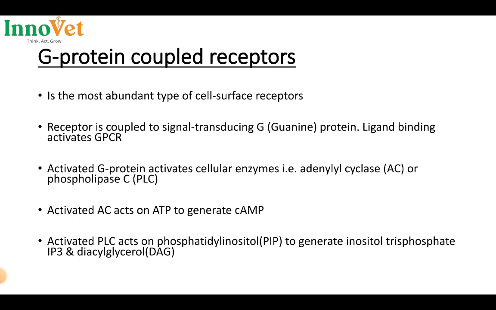If it is phospholipase C that is activated, it will act on phosphatidyl inositol to generate inositol triphosphate and diacyl glycerol.